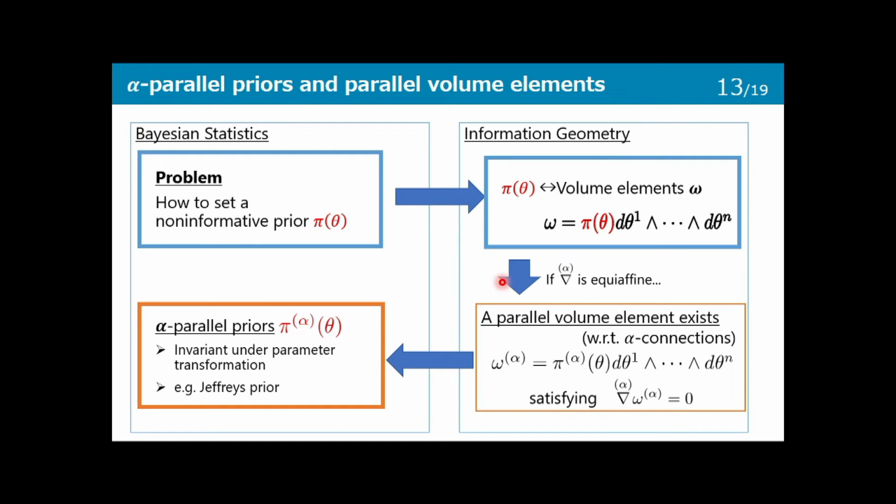Then, if alpha connection is equiaffine, there exists a parallel volume element. Parallel volume element is regarded as a uniform volume element, and it is natural for the non-informative cases. Thus, we obtain a prior distribution from this parallel volume element, called alpha parallel priors.